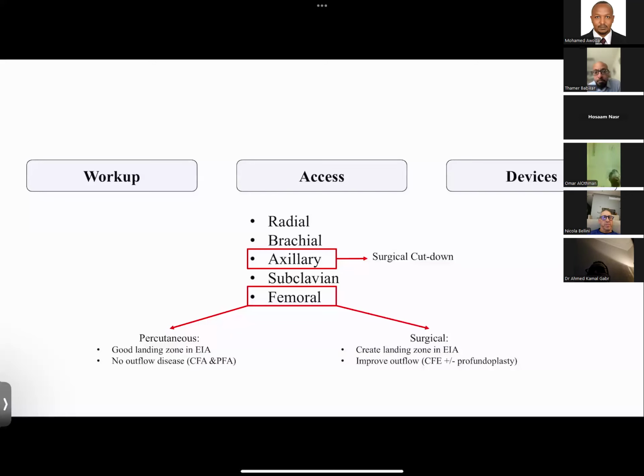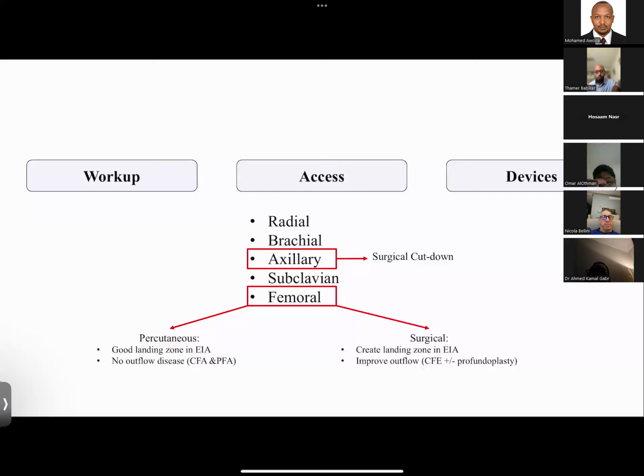And if I'm going to use the upper limb, I almost always use the axillary, and I do a surgical cut down for that. We in our unit and other colleagues have had really, really bad outcomes after trying to do this through the radial or the brachial. Particularly if you're going to do aortoiliac intervention, you need to use large size sheaths. So if I'm going to come from the top, I always use axillary cut down.